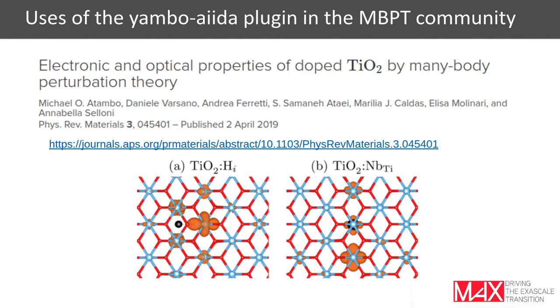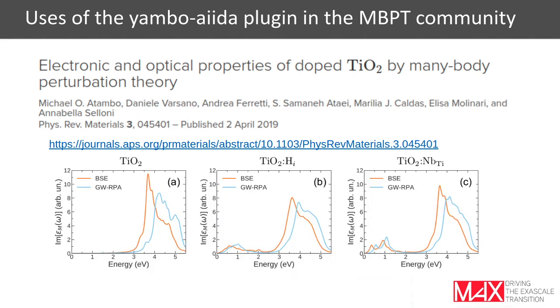The two studied cases are the hydrogen and niobium doping of titanium dioxide, and the final result was the calculation of the optical spectra of pristine and doped titanium dioxide, and a characterization of new defect energy levels that appear in the band gap region of the modified systems. These helped to explain the enhancement of the titanium dioxide absorption of solar energy. It is a leading topic in fields like photocatalysis and solar cells.